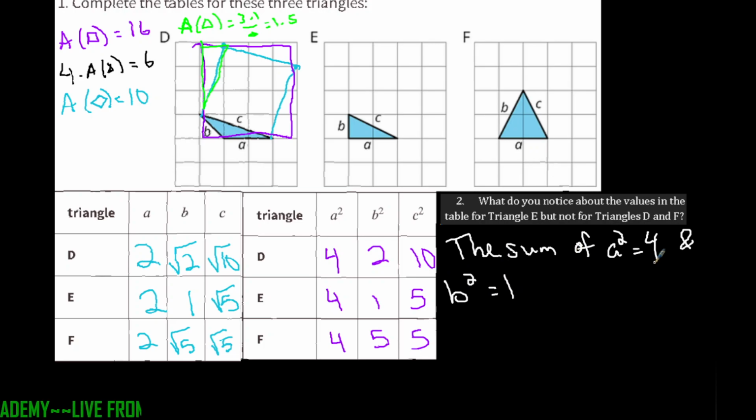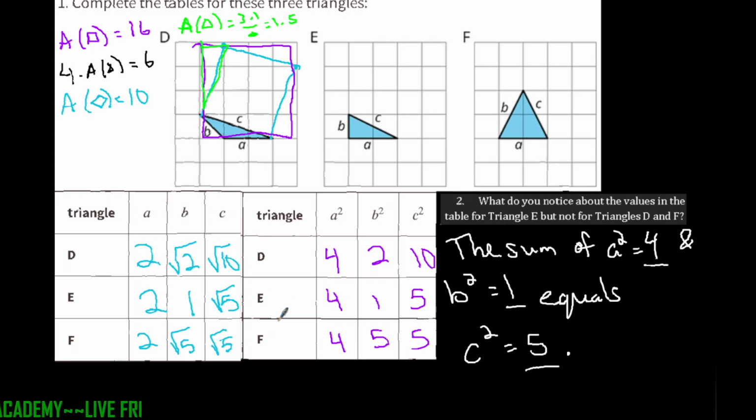So if I take the sum of these two squares, it equals C squared, which is equal to 5. 4 plus 1 equals 5. Notice how that works only for E, where for the other ones 4 plus 2 is not 10, and 4 plus 5 is not 5. So it only works for that triangle E.